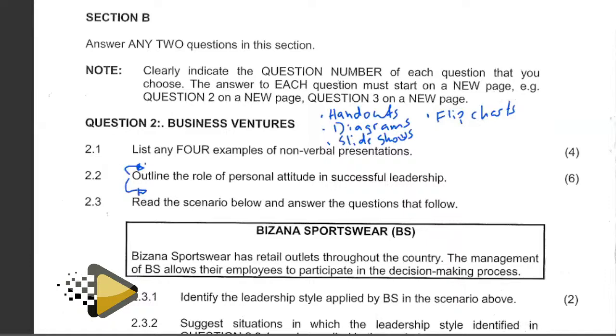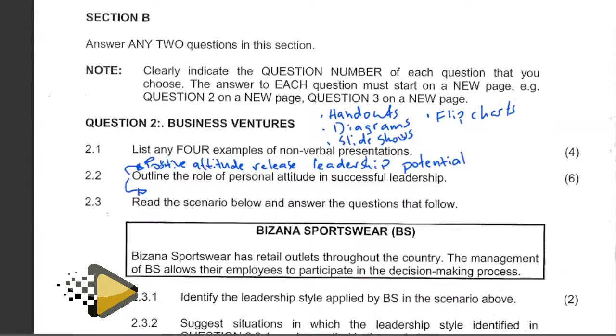So we are saying that positive attitude releases leadership potential.